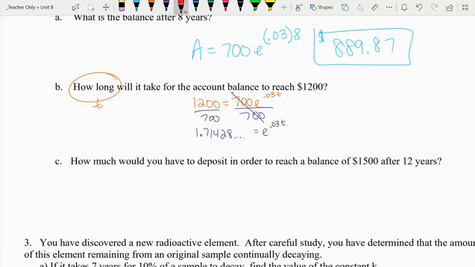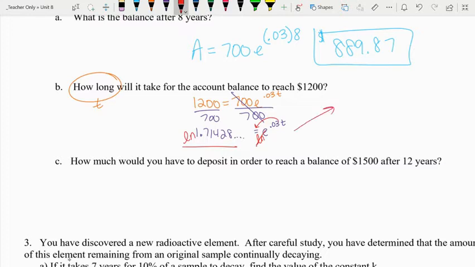So if I want to solve for t now, I need a way to bring it to the bottom. Typically we can log both sides, but remember, ln cancels e. So we're going to ln both sides. I now have ln of this equals 0.03t. I'm going to use my calculator and do ln of that number, and that gives me 0.5389 and so on.